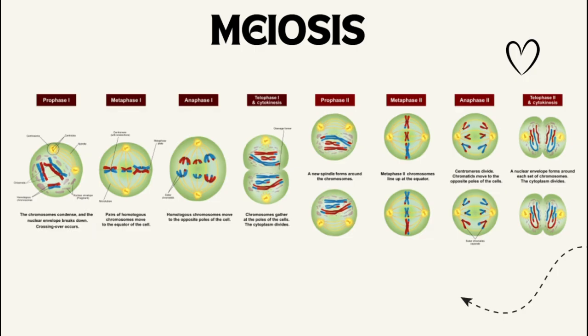Also, the next thing we need to mention is that we don't just have two chromatids joined together by a centromere forming one chromosome. What we have going on is homologous chromosomes in the nucleus. These homologous chromosomes can only be found in meiosis. You cannot find them in mitosis.